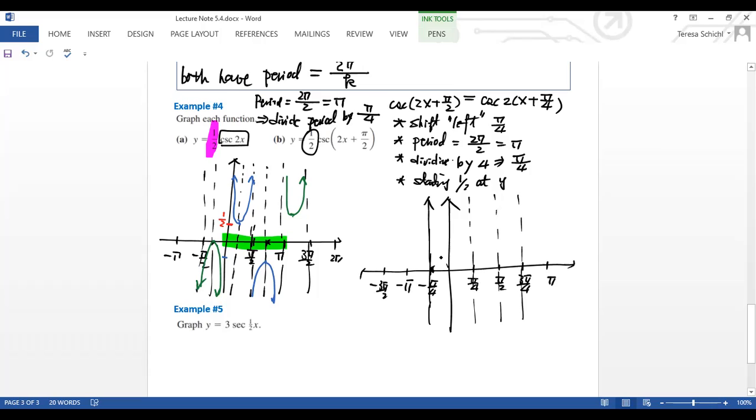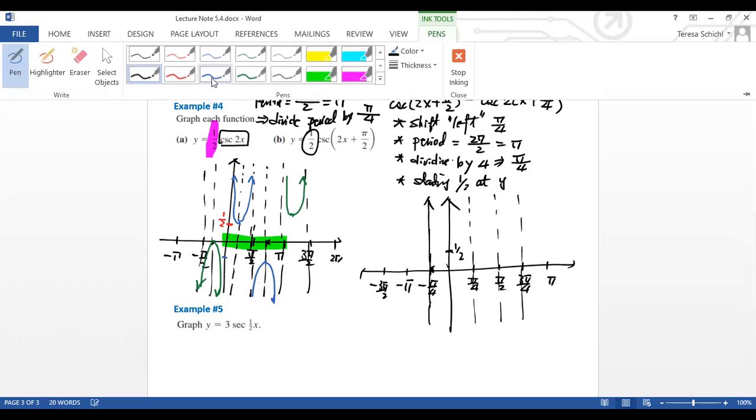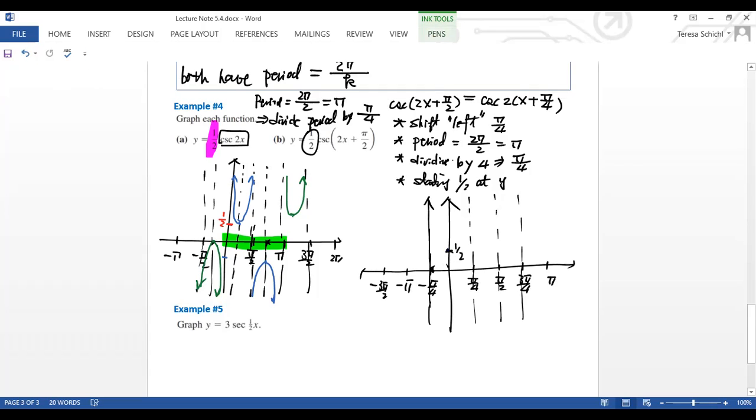Okay, so now I'm shifting, right? So what is here? This is 1/2. Okay, so now let's take a look at my graph here. So what I need to do here? Okay, so my graph is going to go like this, correct?